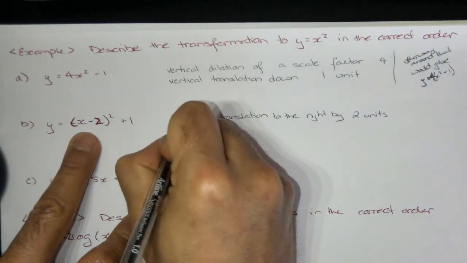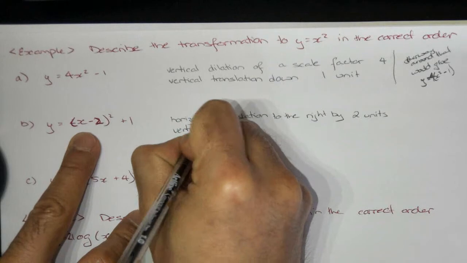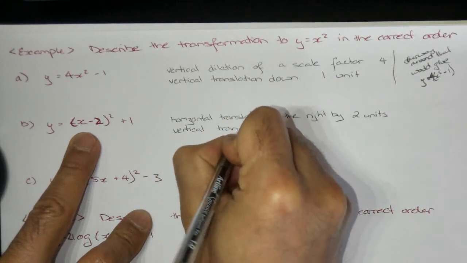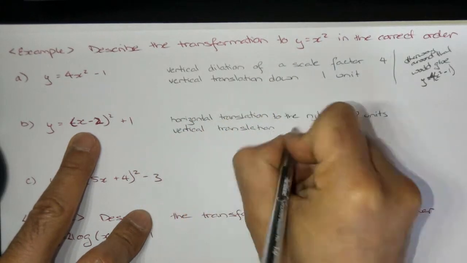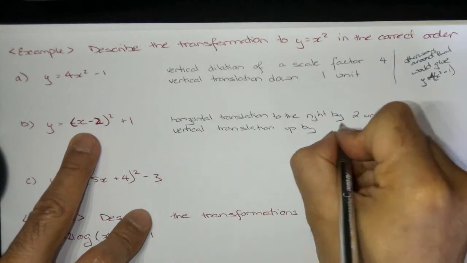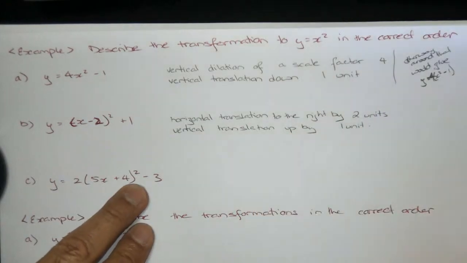And I'm going to have a vertical translation up by 1 unit.